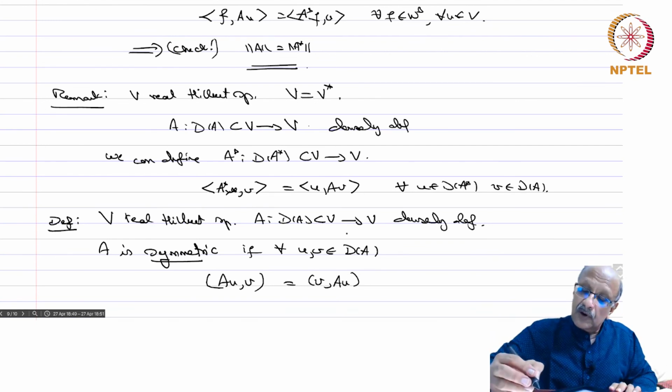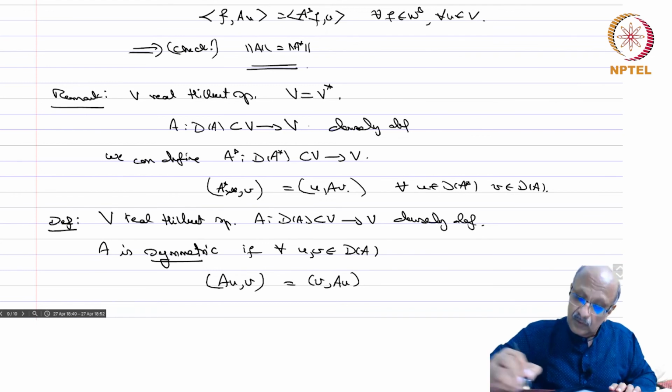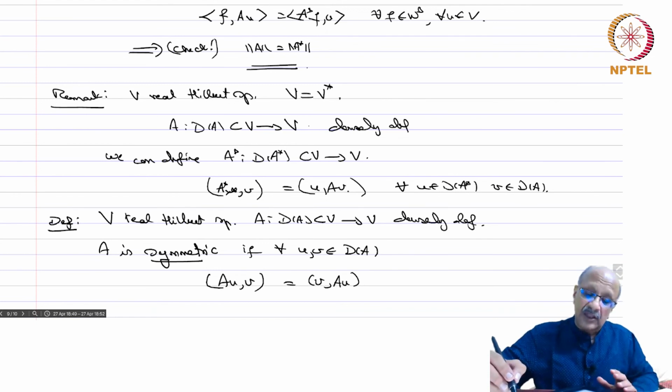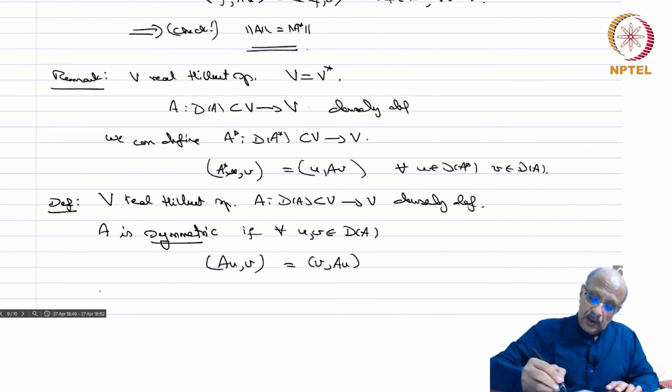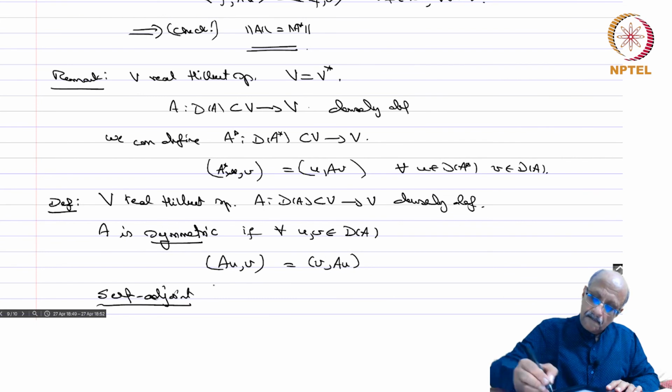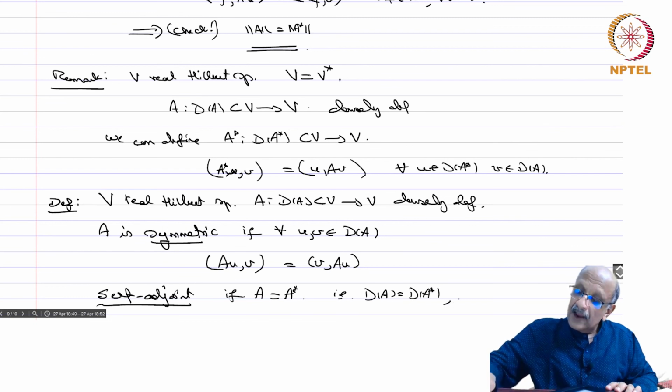Since we are in a Hilbert space, we can just use the inner product, because the duality bracket is the same as the inner product, as we have identified the dual space with the base space. And A is self-adjoint if A equals A*, that is D(A) equals D(A*) and A is symmetric.